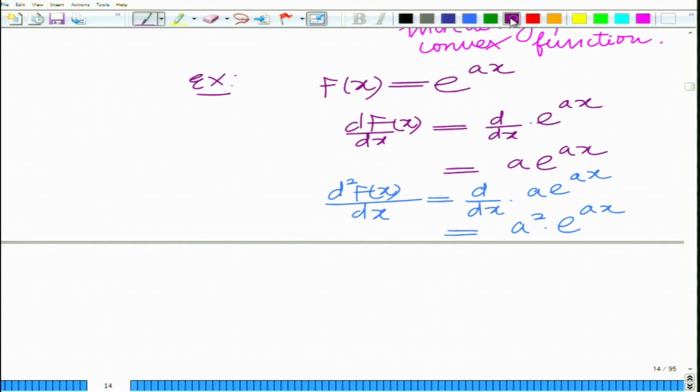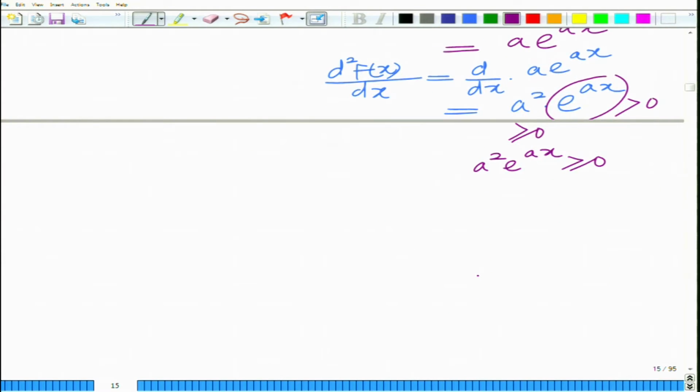Now, we know e raised to ax, the exponential, is always greater than 0. A square is greater than or equal to 0, which implies a square e raised to ax is greater than or equal to 0, because a square is always non-negative.